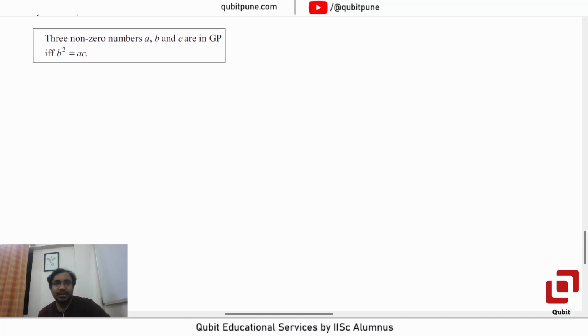You also know this. 3 non-zero numbers A, B, C are in GP if and only if B squared is equal to AC. Now how is that true?